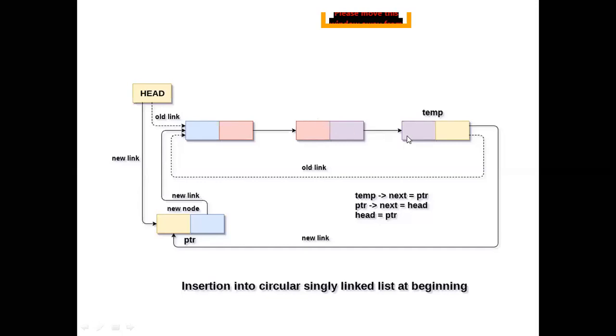I'm telling you to insert the node after the second. We have already discussed how to insert the node at the given position in the single linked list. Is there any difference, operation wise or code wise, between the insertion of a node at the given position or after a given node in single linked list and circular single linked list?